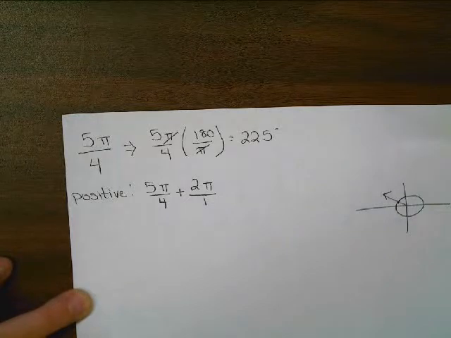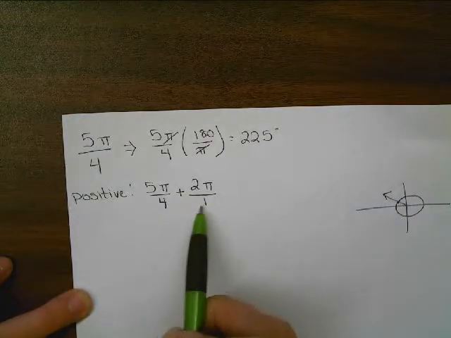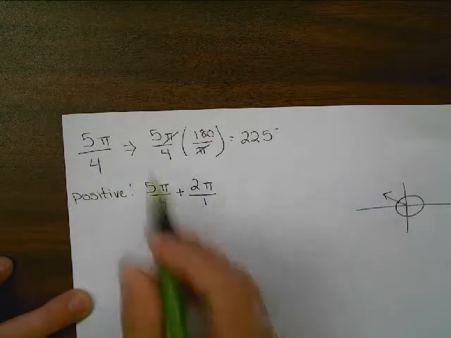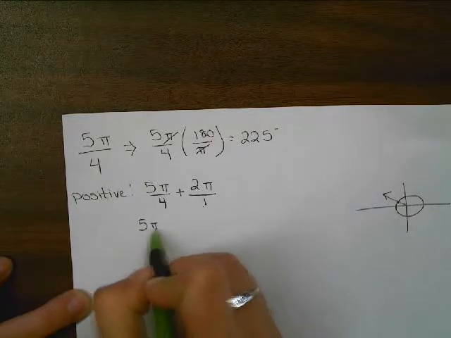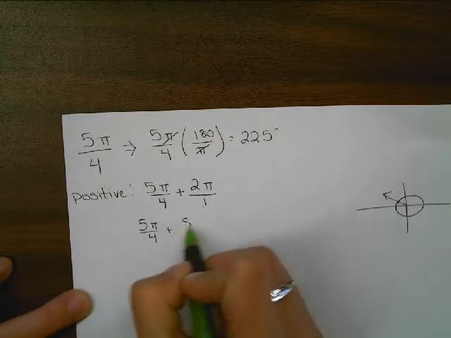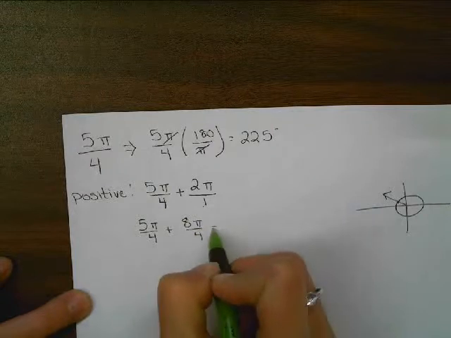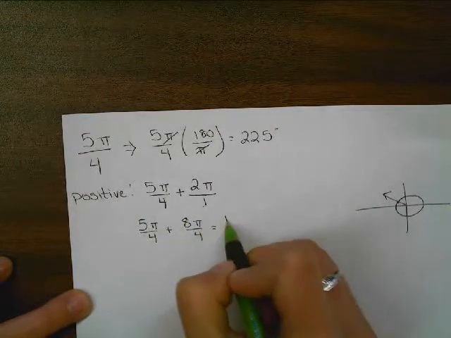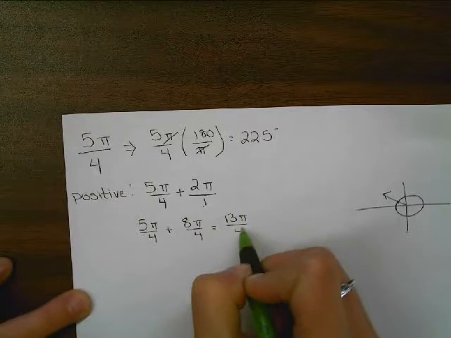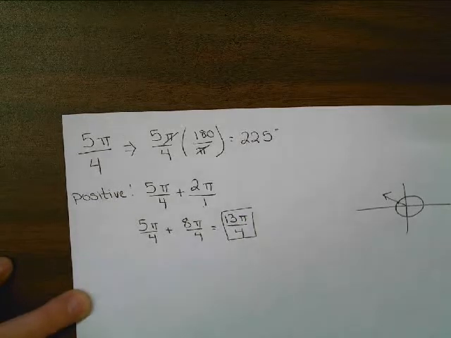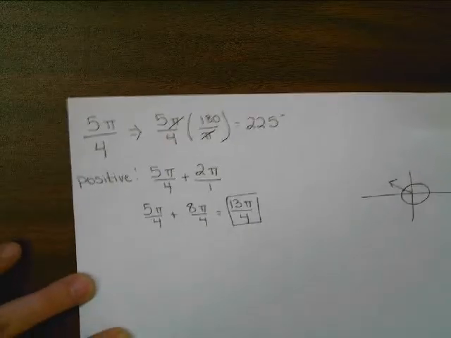Now since we're working in fractions and we want to stay in radians, I have 2 pi over 1, I need to get a common denominator. So that means I have 5 pi over 4 plus 8 pi over 4. 5 plus 8 is 13 pi over 4. So that would be my positive coterminal angle.